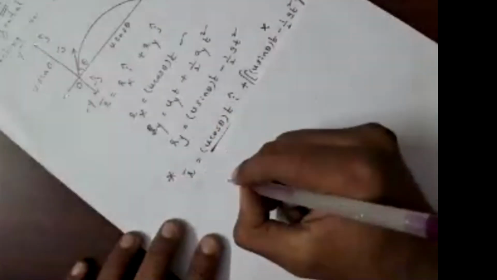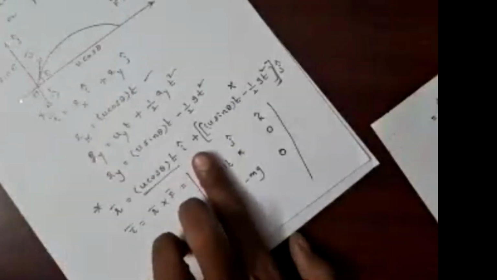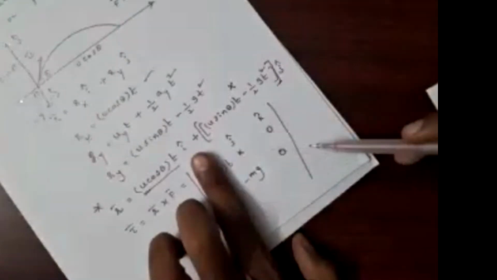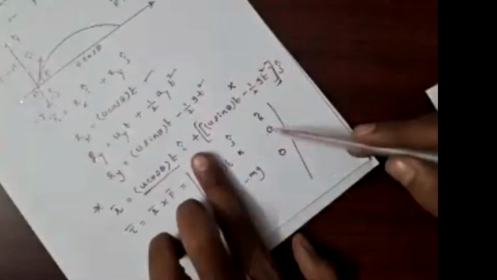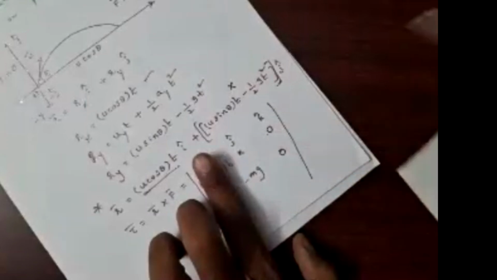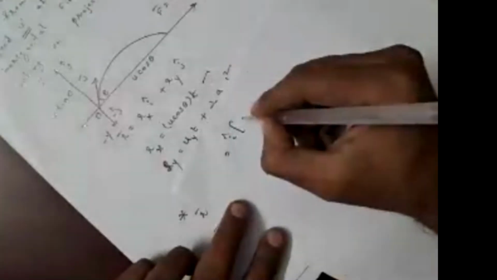Now, I need to solve this. Listen. At first, take i cap. If you are taking the i cap, just close the i cap. x into 0, cross multiplication, 0. 0 into this one, again cross multiplication, 0. So here you will get 0. This is plus.